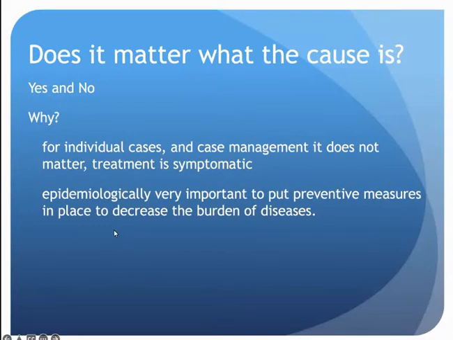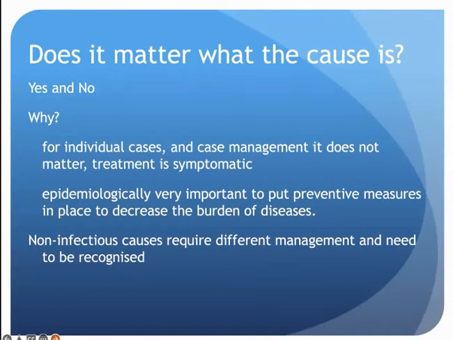However, it's very important epidemiologically to know what the most common causes of disease are, where they occur, why they occur, what time of year they occur, so that preventive measures can be put in place to decrease the burden of disease, and also to anticipate it so that it can be treated as quickly as possible.